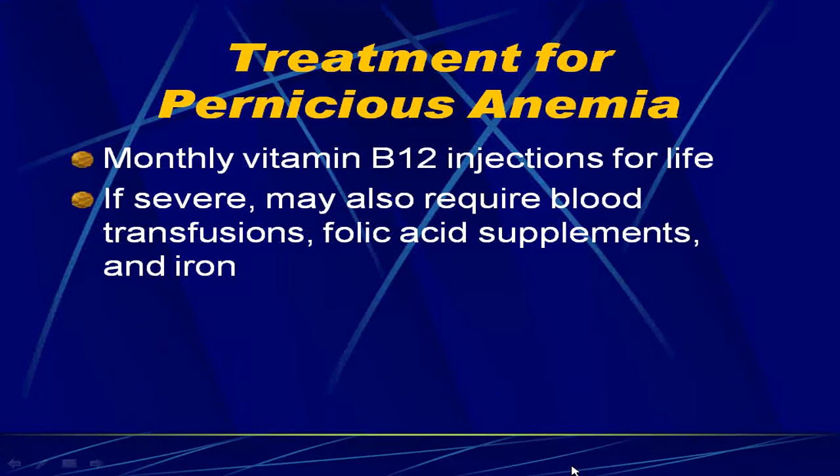If it's severe, the person may also require a blood transfusion, folic acid supplements, and also iron supplements. And we talked about those things again. Folic acid also helps with red blood cell maturation, and iron is needed for hemoglobin synthesis, or the manufacturing of hemoglobin.